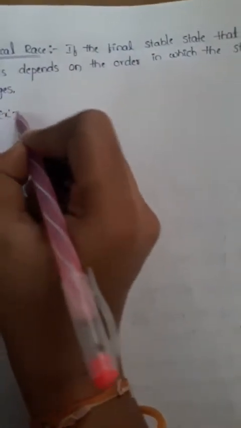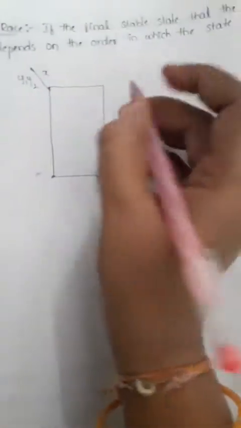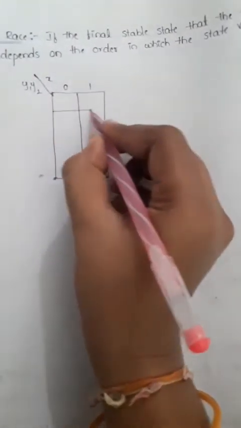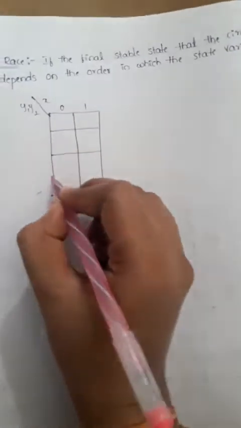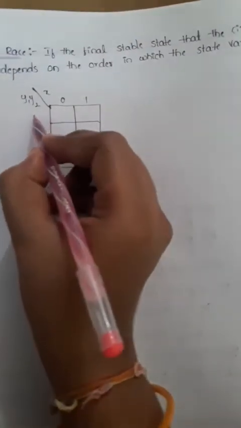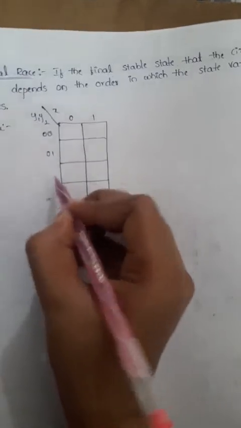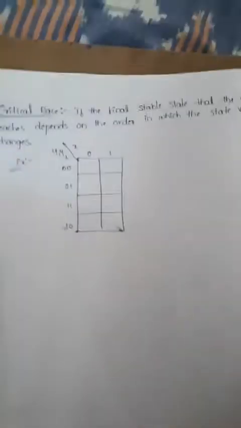Okay, so for example, if we consider one example here, the transition table may be like this. So y1 y2, and here I am considering x. The input possibilities for x are 0 and 1, because it has only a single input, and here 0 0, 0 1, 1 1, 1 0.